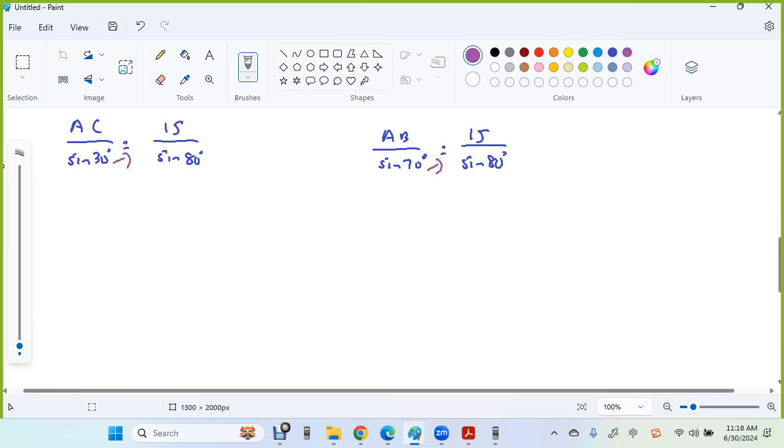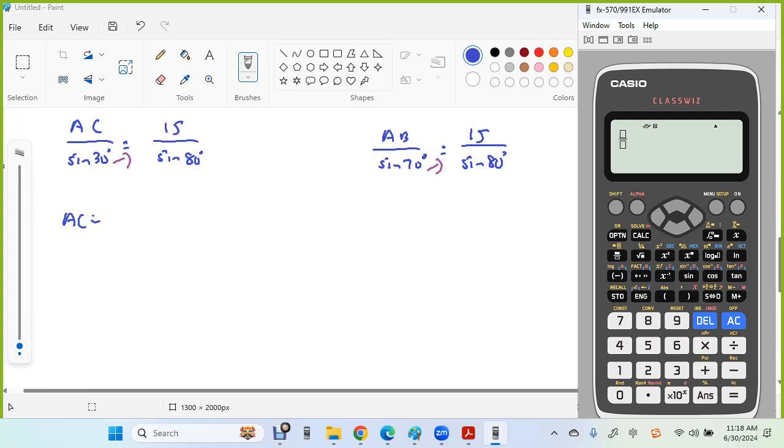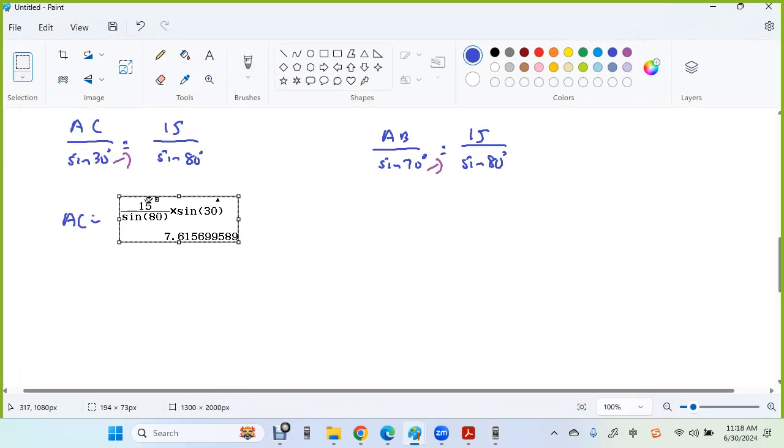Multiplying, AC will be 15 over sine 80 multiplied by sine 30. Make sure your calculator shows D for degree.